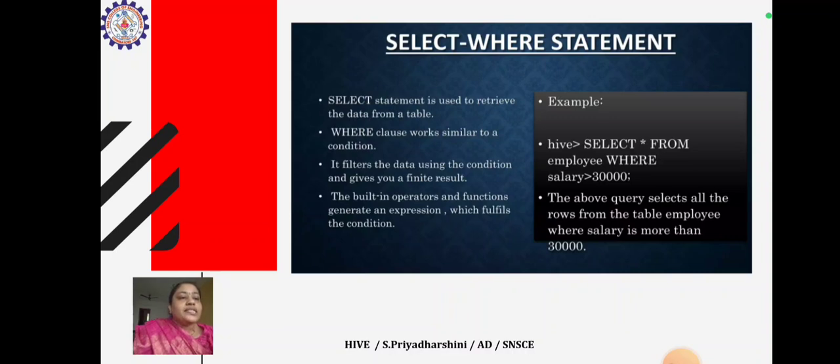The above query selects all the rows from the table employee where salary is more than 30,000. Here the select statement is used to retrieve the data from a table. The where clause works similar to a condition. It filters the data using the condition and gives the final output. The built-in operators generate an expression which fulfills the condition.